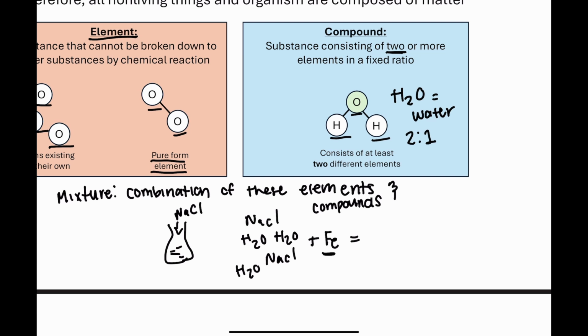It's going to be separate from them. So we're going to have salt molecules, iron molecules, and water molecules everywhere, just floating around, and they do not create new substances. So elements and compounds coexist, but they do not mix to form new substances.